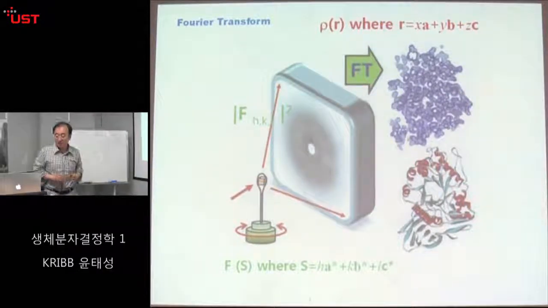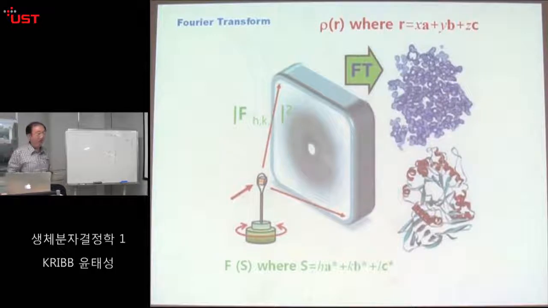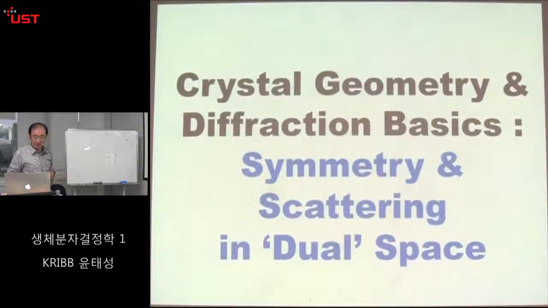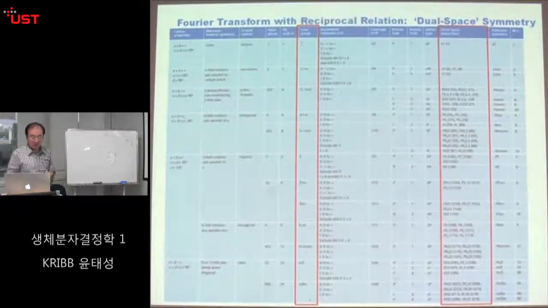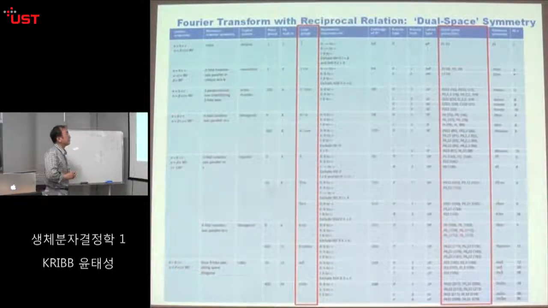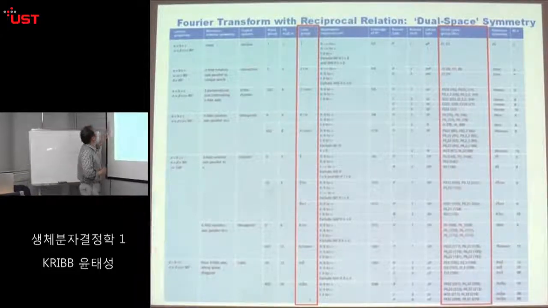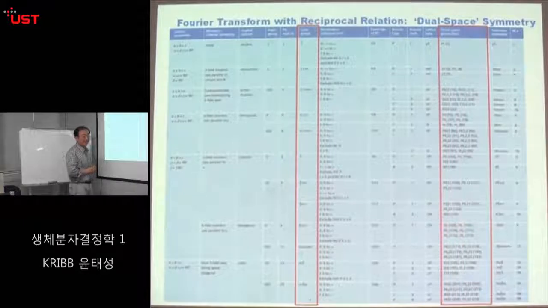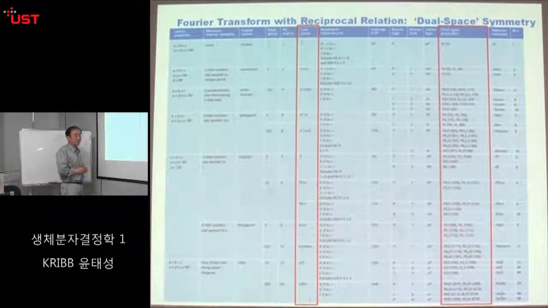So far, I didn't talk about anything in symmetry. Now I will talk about symmetry through crystal geometry and diffraction basics. But before jumping into symmetry, I'll show you this again. Here, what do you have in the first column in terms of symbol?